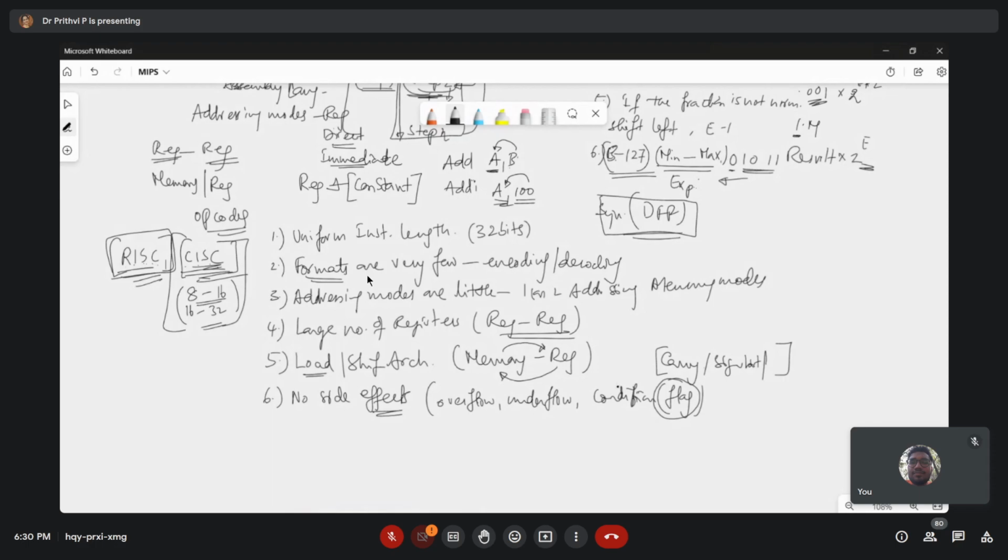Okay, so there won't be any implied side effects coming in, because your RISC architecture has a huge number of bit locations, so it will be able to accommodate huge data. So there won't be any type of side effects coming. These are the major advantages of the RISC processor compared to CISC.